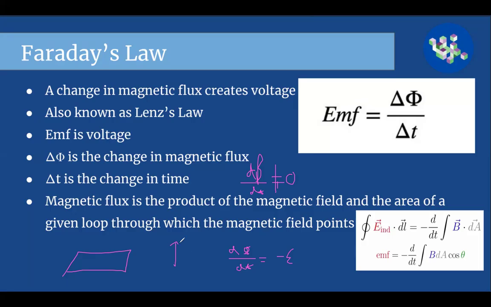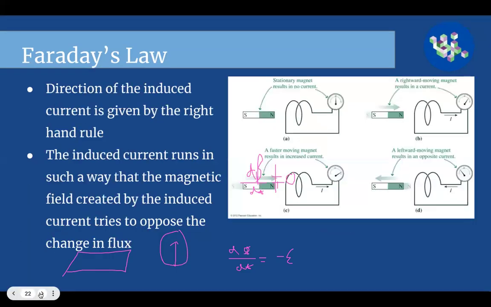If I have a magnetic field and it's increasing, then the magnetic field generated by the induced current will have to oppose the change in the magnetic flux.